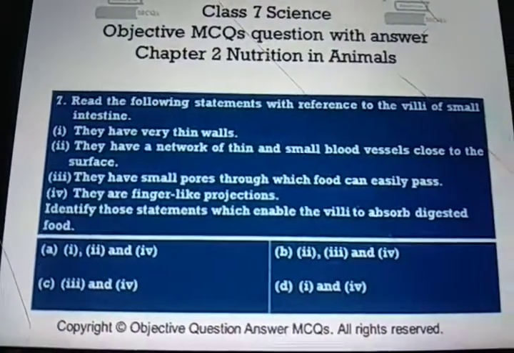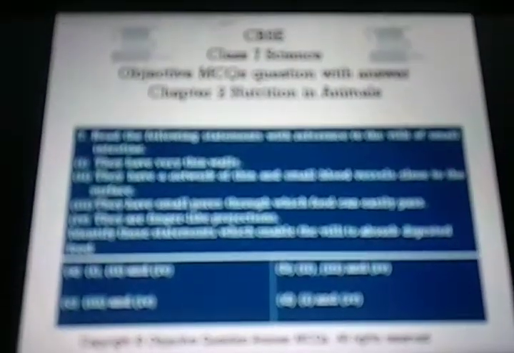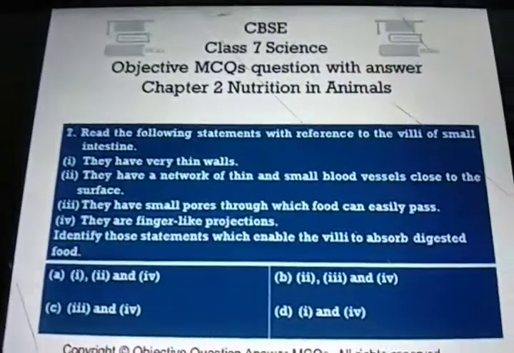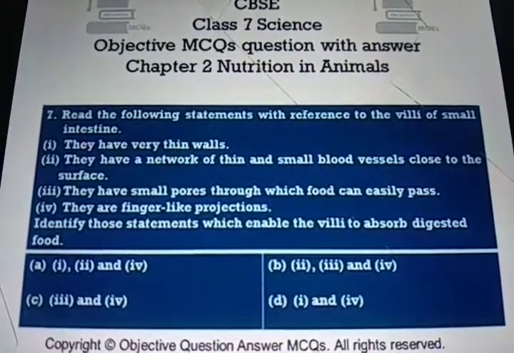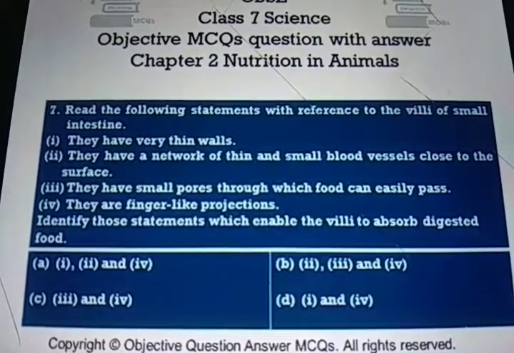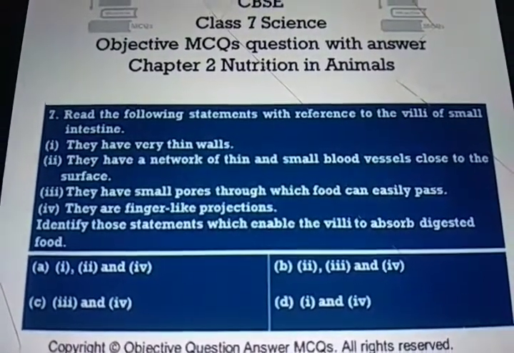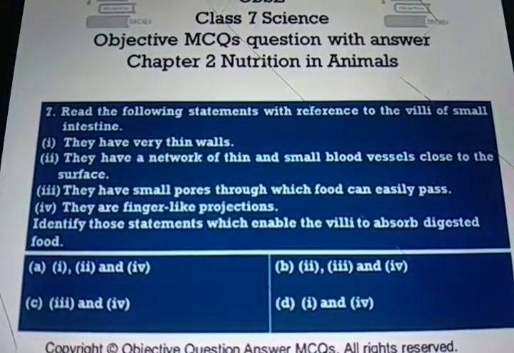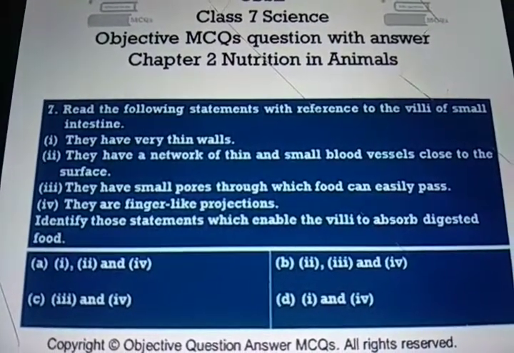So the next question is question number 7. Read the following statements with reference to the villi of the small intestine. One, they have very thin walls. Two, they have a network of thin and small blood vessels close to the surface. Three, they have small pores through which food can easily pass. And four, they are finger-like projections.